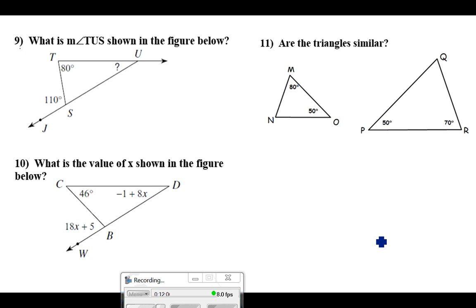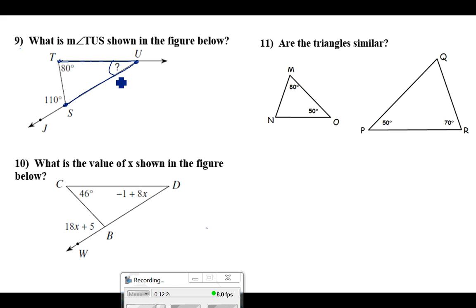Question 9. What is the measurement of angle TUS shown in the figure below? So let's find angle TUS. We have T, U, and S. So we're looking for this angle. And we know that all of the angles have to add up to 180 degrees.